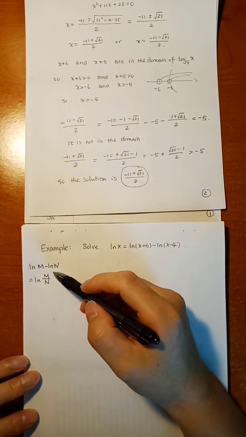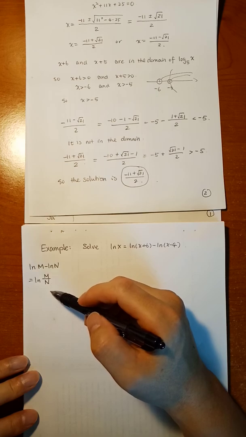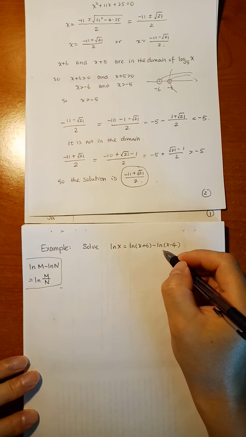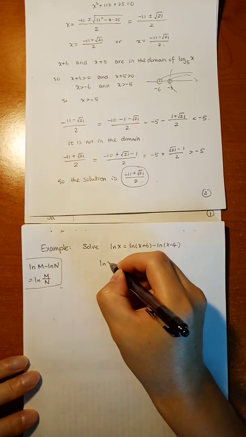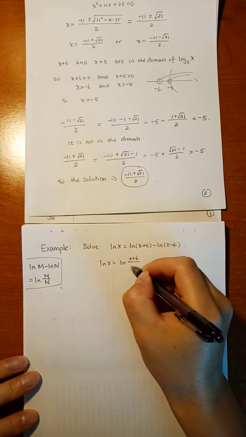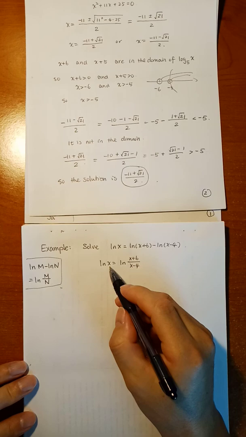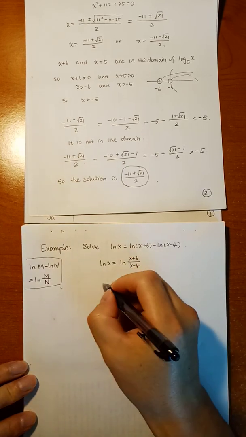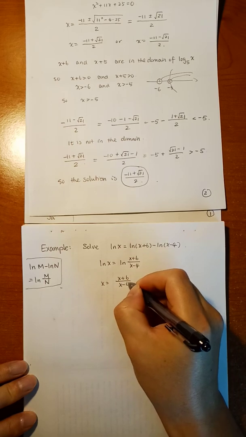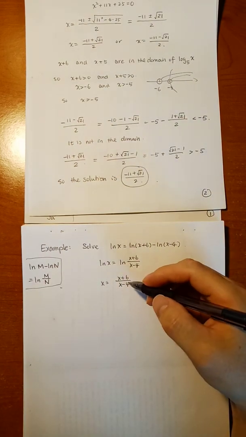The difference of the logs is equal to the log of the quotient. So the right hand side is equal to the natural log of x plus 6 over x minus 4. Natural log is equal to natural log, you drop the natural log, and you get x is equal to x plus 6 over x minus 4.